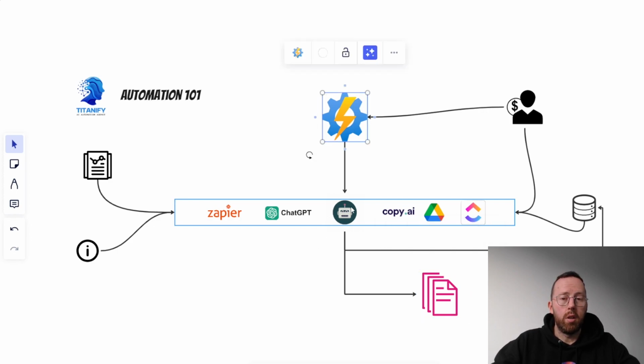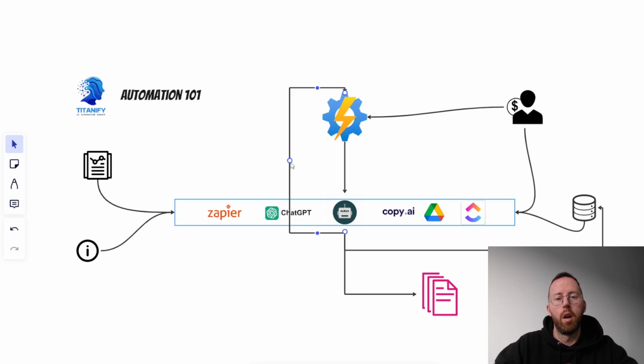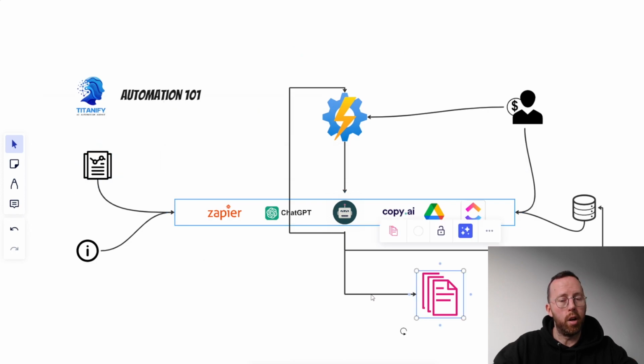Maybe it triggers another automation, and so on and so on. There are a lot of different ideas you can implement here. But that's it, honestly. If you're thinking about what components an automation should have, or what it looks like: a trigger, something happens with some input, and then you have your output. That's it.